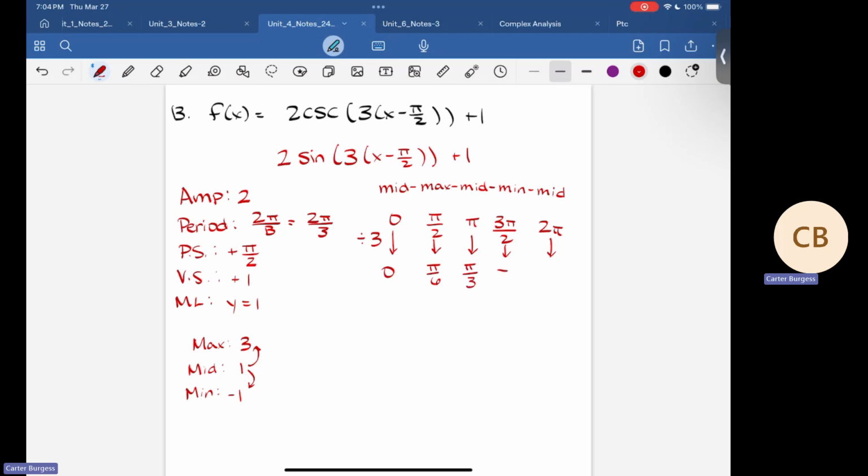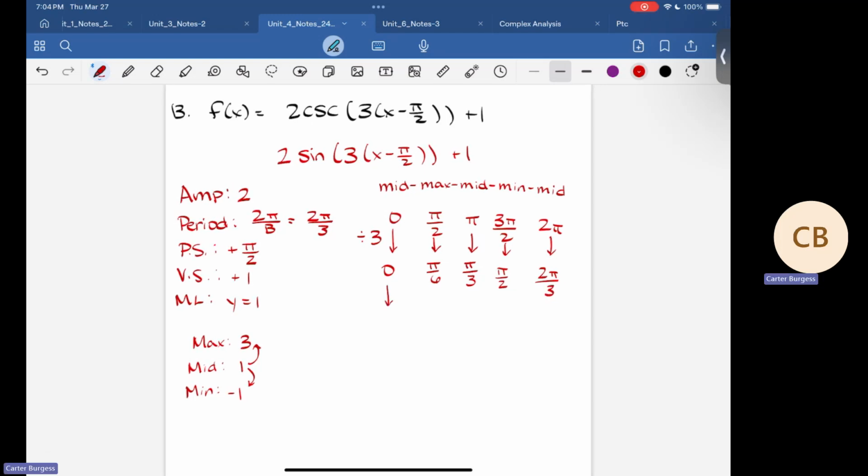Pi over 3, pi over 2, and 2 pi over 3. And then I'm going to apply my final undoing here, which is the fact that I am getting subtracted by pi over 2. So I'm going to add pi over 2 to everything. So this is pi over 2. This becomes 2 pi over 3. This one becomes 5 pi over 6.